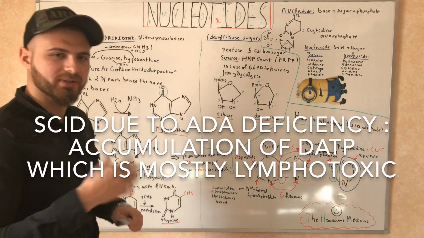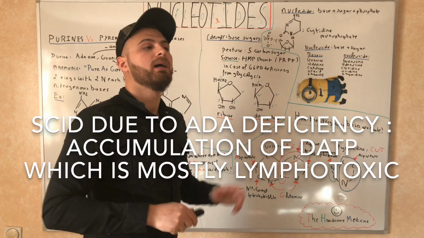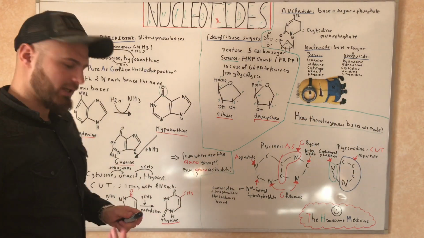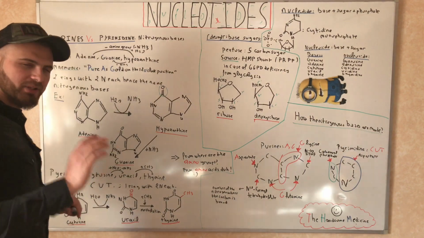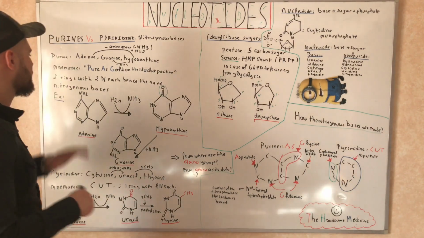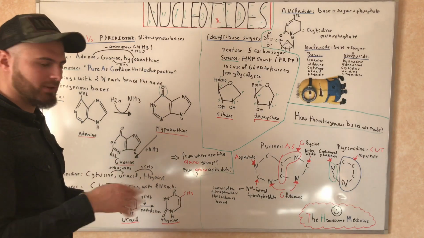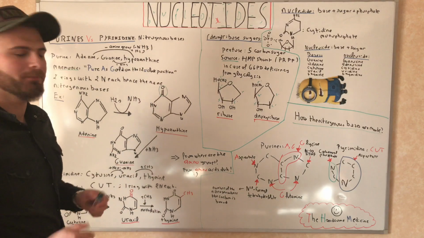So they die by apoptosis because of this accumulation, which leads to this immunodeficiency, okay? I will go into more detail in the next lecture, just for you to remember how you go from adenine to hypoxanthine, okay?